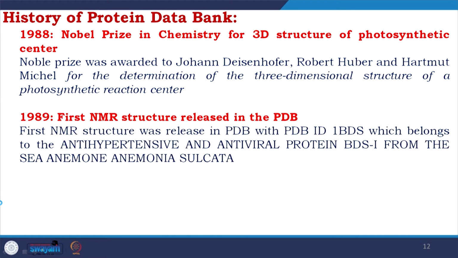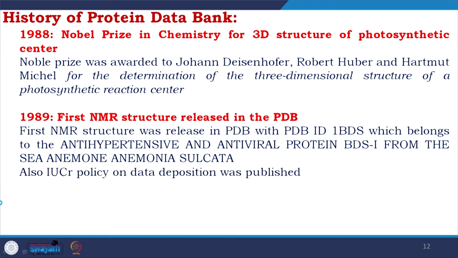The first NMR structure was released in PDB with PDB ID 1BDS, which belongs to the anti-hypertensive and antiviral protein BDS-I from the sea anemone Anemonia sulcata.